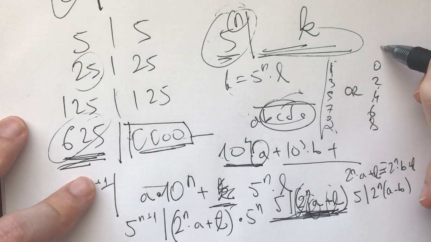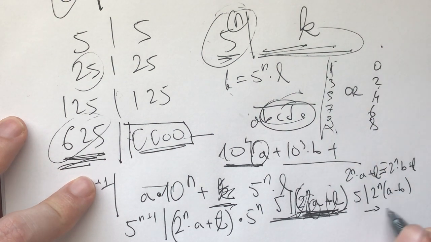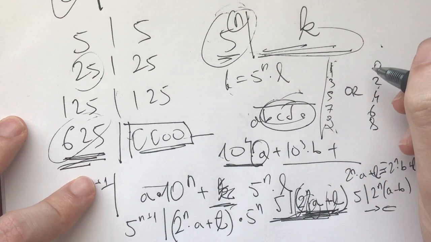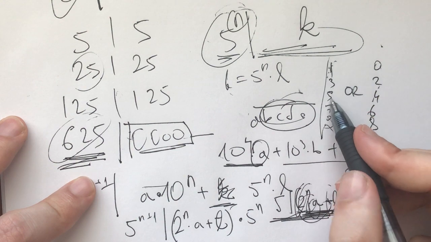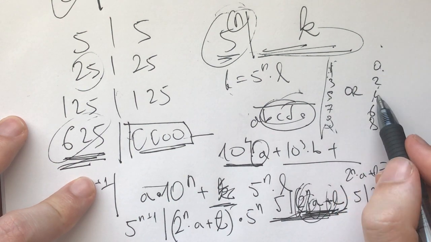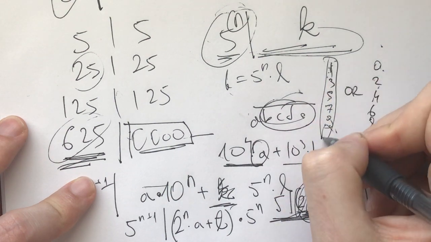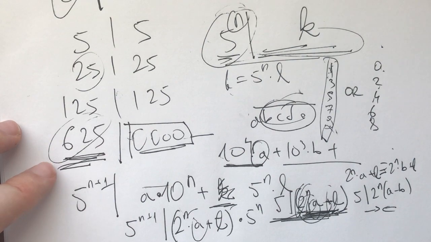But no two numbers here differ by a multiple of 5, which is a contradiction. So all of them form all the residues mod 5, for a from 1, 3, 5, 7, 9, or 0, 2, 4, 6, 8, which means that we can always find an a. We can always add another a such that the number is divisible by 5 to the power of n.